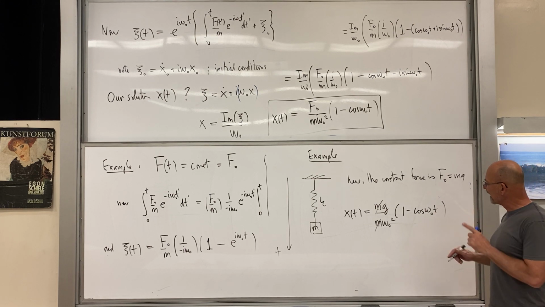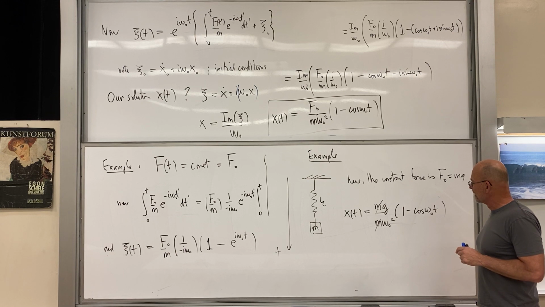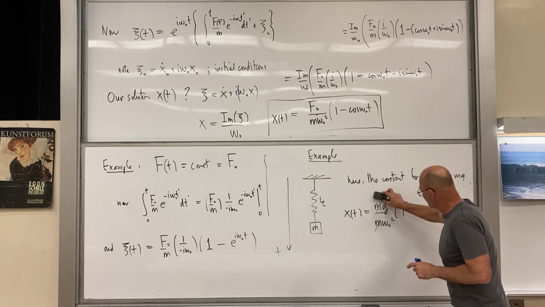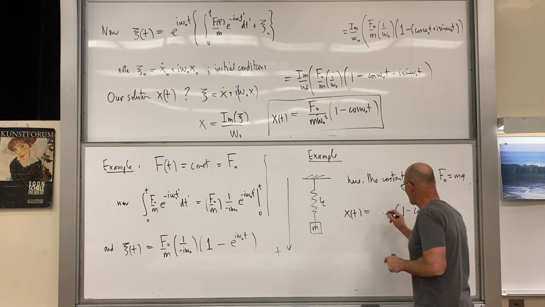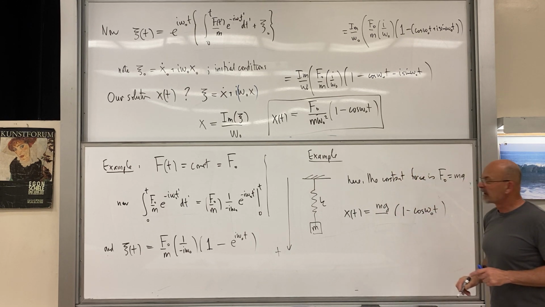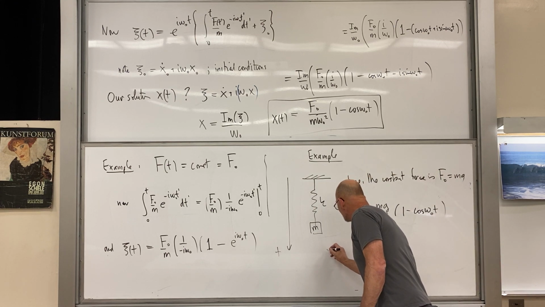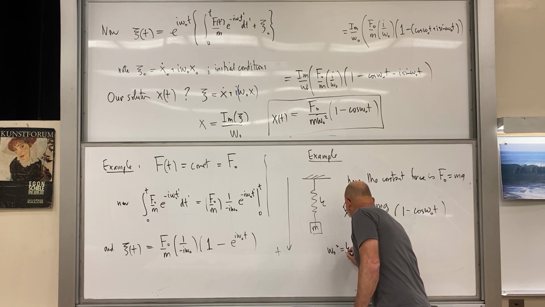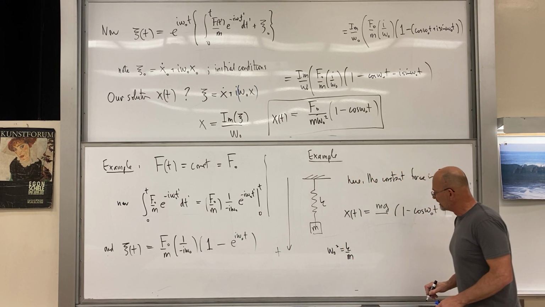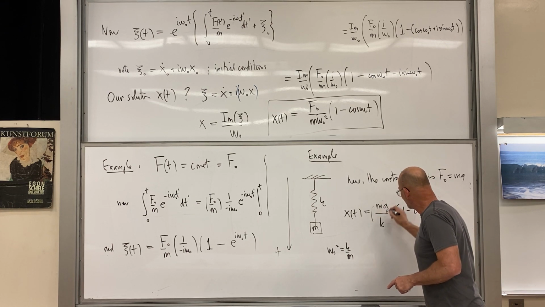And not only that, it might be better to do this. We've got the mg. Fine. What about the m omega naught squared? Remember that omega naught squared is equal to k over m. So this m omega naught squared is just k.